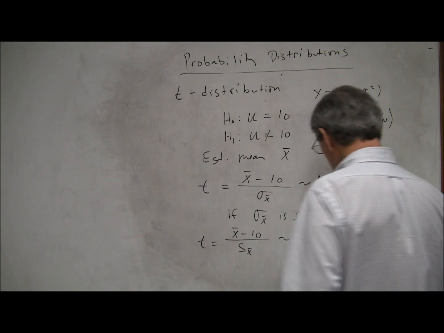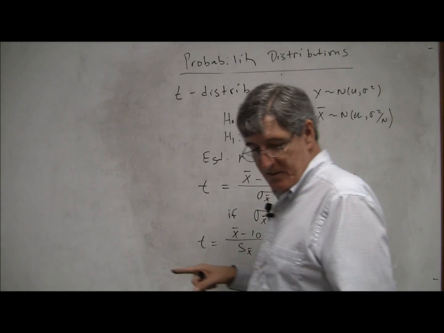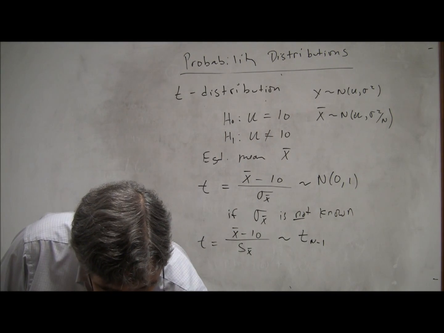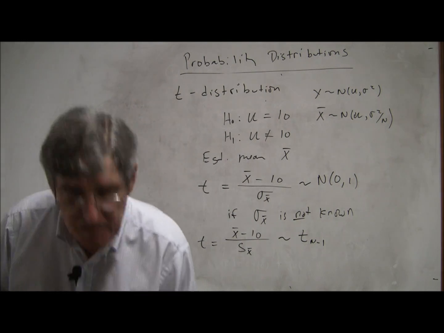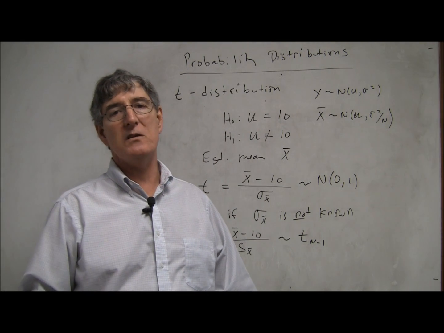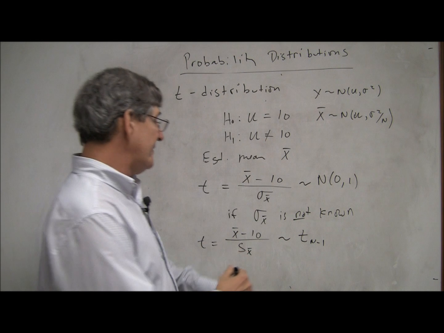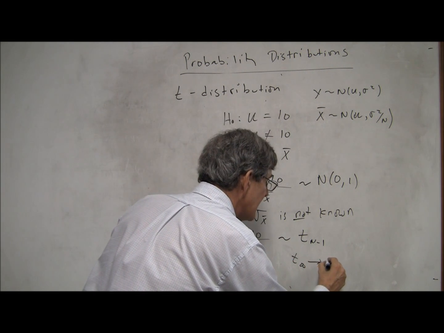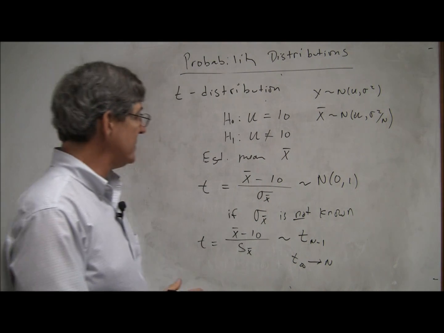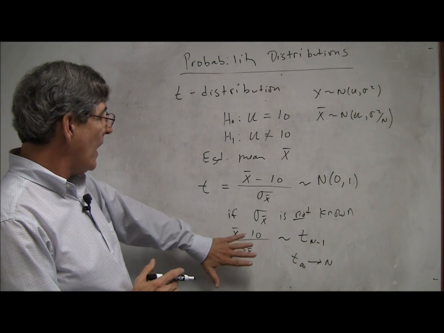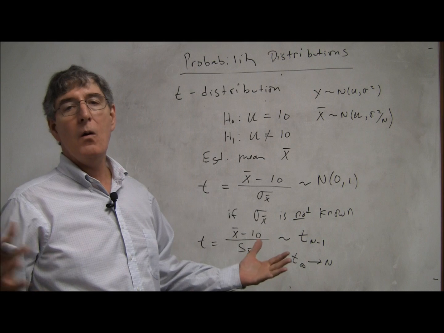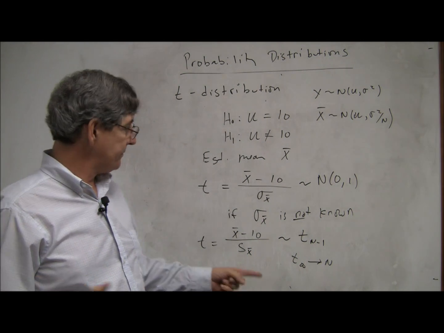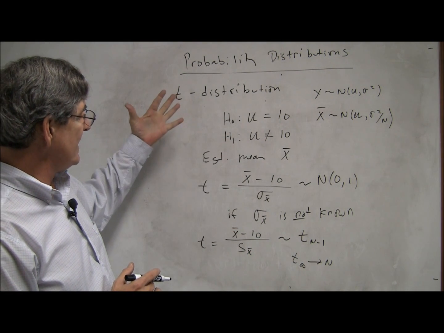But as long as n is greater than or equal to something around 30, that t is so close to a normal that we may as well use a normal. And so t infinity, if I have an infinite number of observations, is the same as a normal distribution. But most of the time, we won't bother with a t table at all. We'll have n greater than 30, so we'll use normals instead of t's.